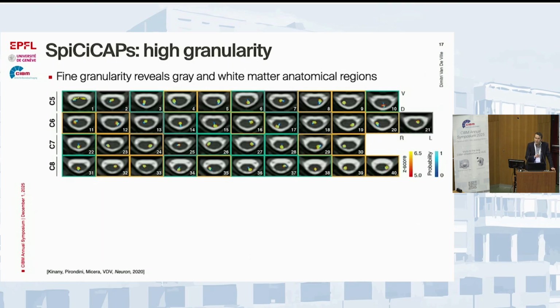Okay, let's move from low to high granularity. So we go for a much higher number of spicy caps, and the spicy caps you get are shown here. We have regrouped them in different background colors, orange and cyan, into descending and ascending components of the spinal cord.